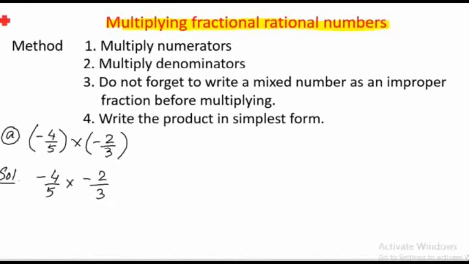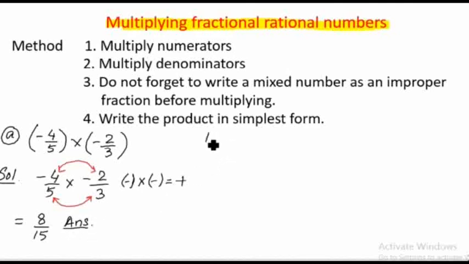Now here you can see this, we have to multiply this numerator with this numerator and this denominator with this denominator. So we get here 4 into 2 is 8, 5 into 3 is 15. Now minus into minus is plus, this minus sign into minus sign is equals to plus. So our answer is 8 upon 15.